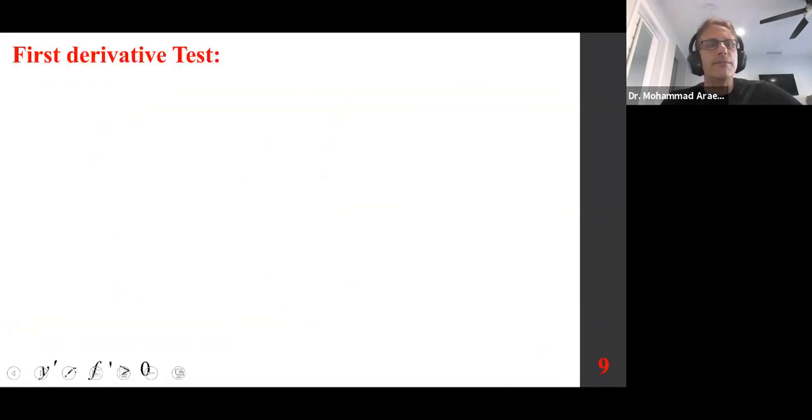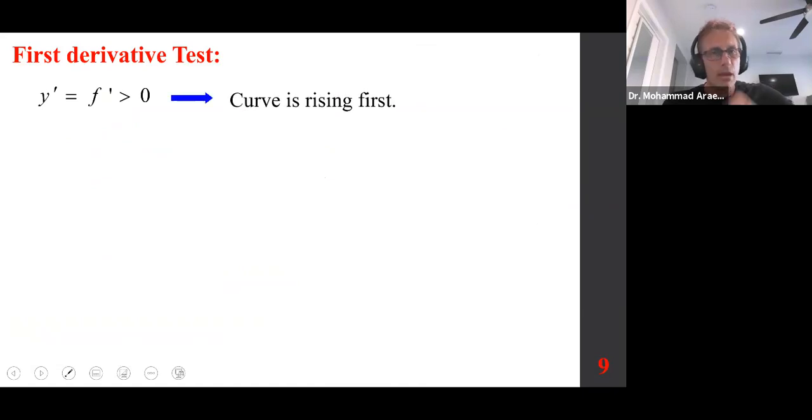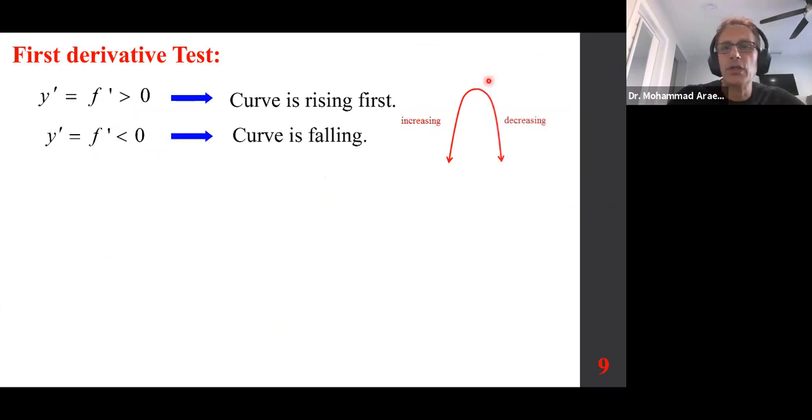First derivative test. So y prime or f prime is positive, so the curve is rising. So it's increasing. When f prime is negative, then it's falling. So what happens? First increasing, then decreasing.